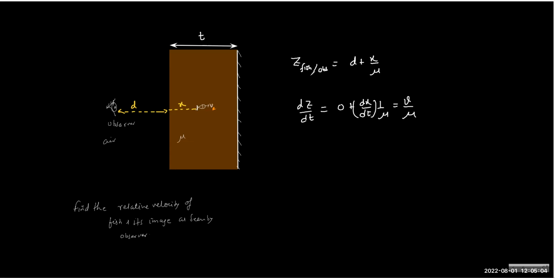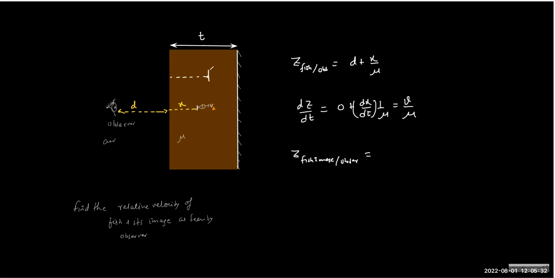So we know the distance of the fish with respect to the observer. What is the distance of the fish image with respect to the observer? Can you tell me? You just find the distance. Don't try to solve anything. The mirror will be t by mu closer, right?